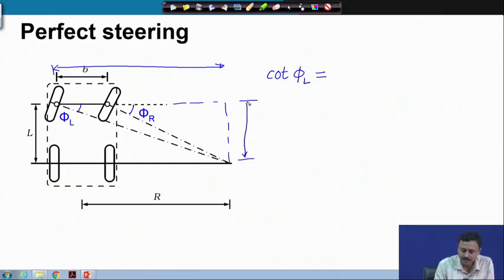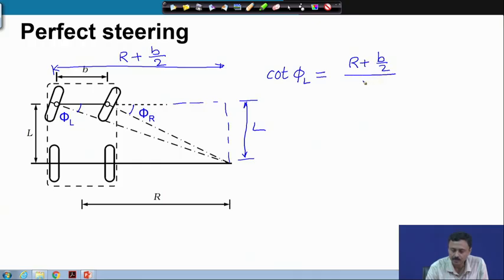This distance is L. Now, this distance is nothing but R plus B by 2. Therefore, cotangent of phi L will be R plus B by 2 over L.